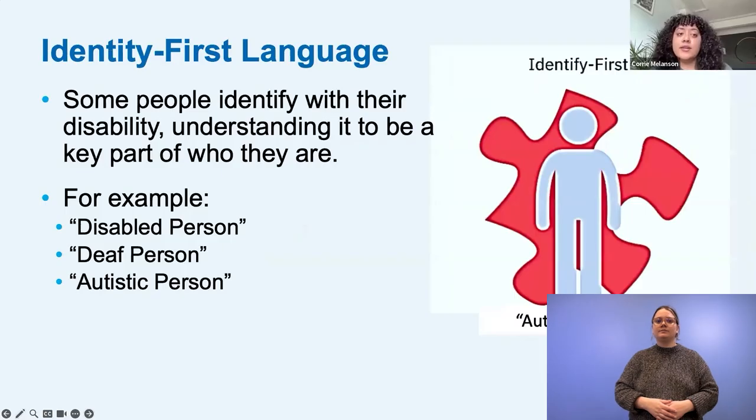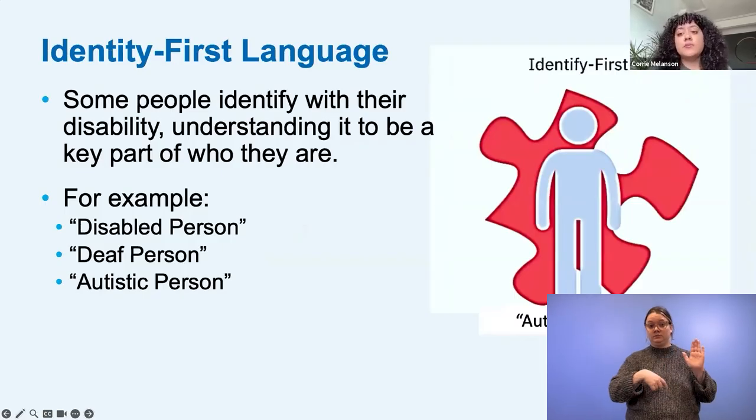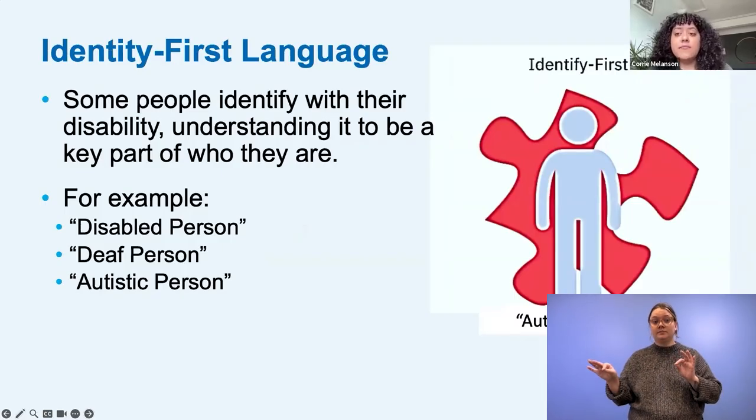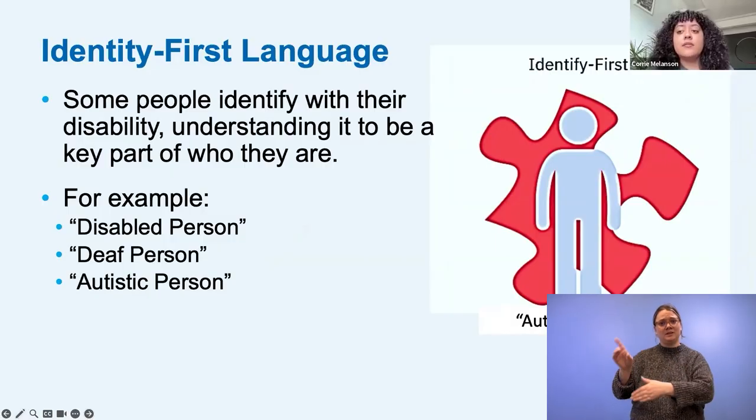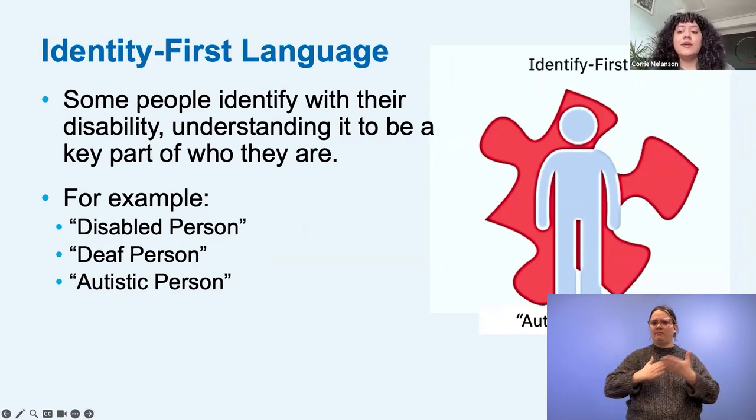Okay, so identity first language. So as people with disabilities identify in many ways, some identify with their disability understanding it to be a significant part of who they are as a person. This is called identity first language.